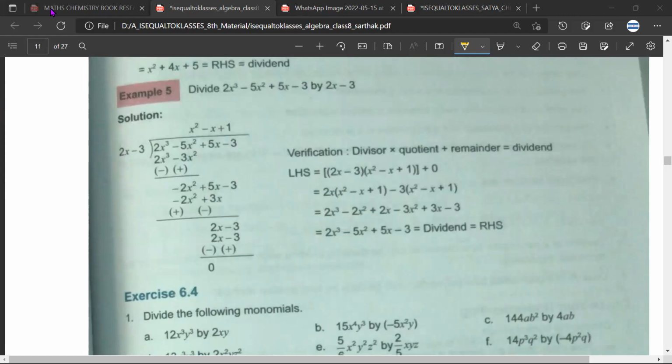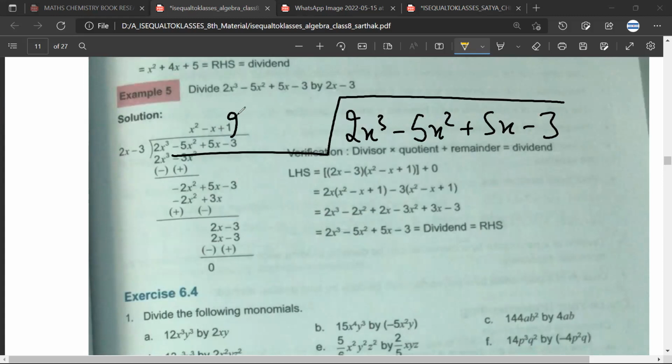How to divide 2x cube minus 5x square plus 5x minus 3 by 2x minus 3. Any doubt? No, sir. Do you want to start?